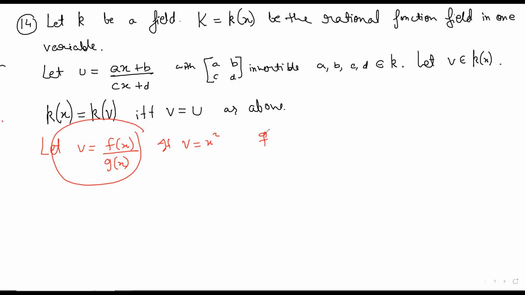If you do p(x square) by q(x square), how will you get x? You can just prove that this is not possible by cross multiplying. So that's why this claim is very natural.